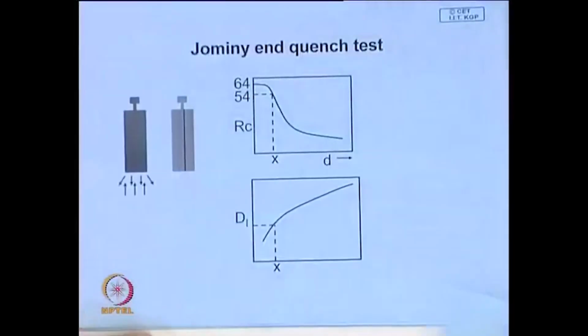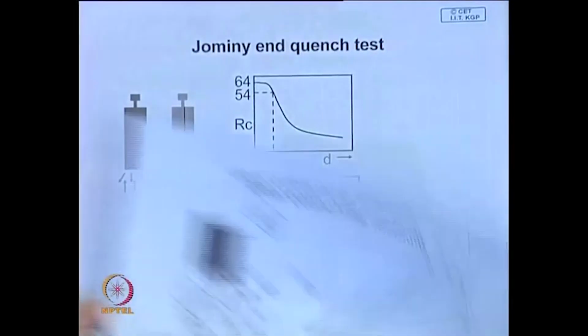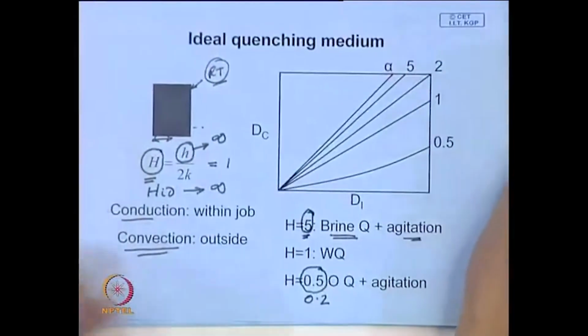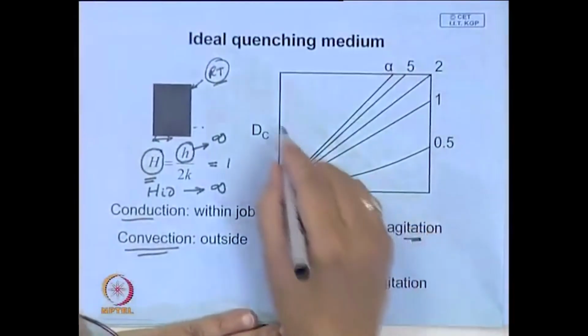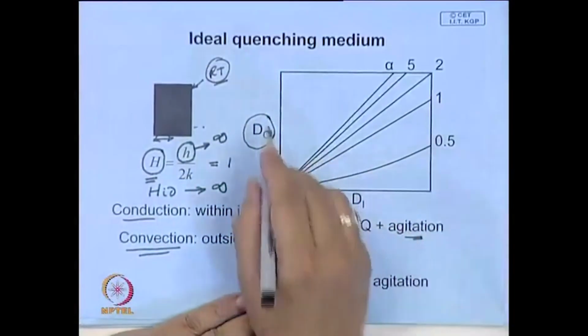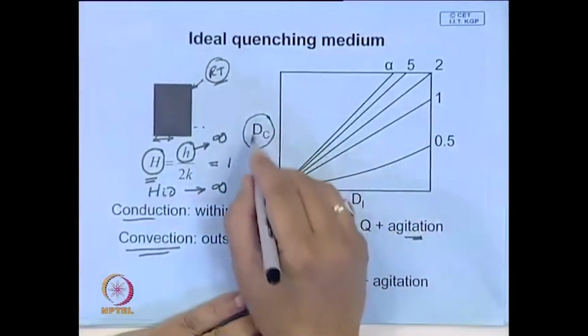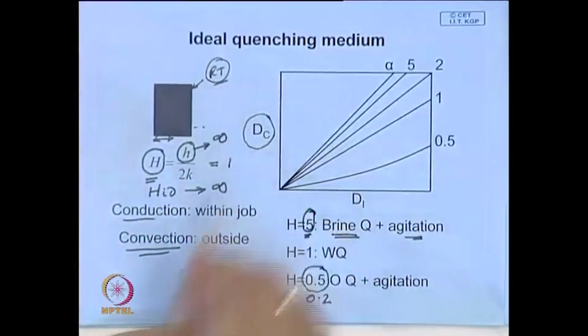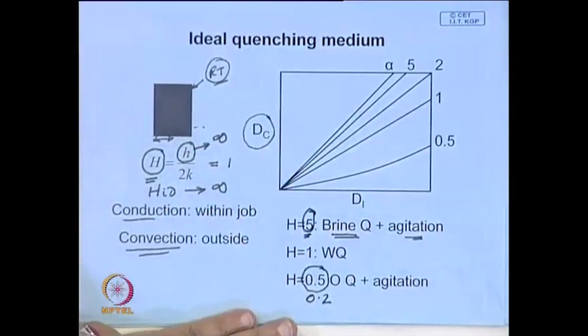The most important factor, therefore, is how to convert this critical diameter, which you have measured for a particular quenching medium, into a parameter which is independent of cooling rate.